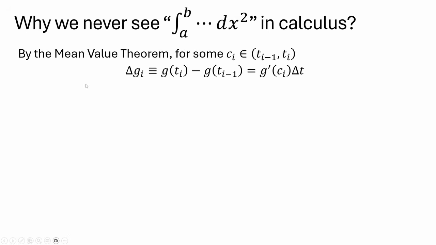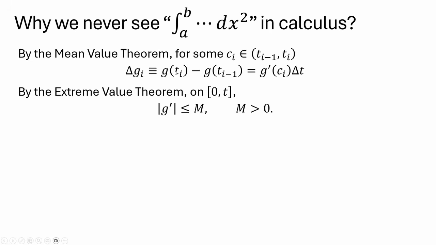To show that, let's first use the mean value theorem. The mean value theorem states that for a smooth function g, this finite difference in g is g'(ci) times Δt, where ci is a point between ti−1 and ti. And next we use the extreme value theorem to bound g'. The extreme value theorem says a continuous function on a closed and bounded interval must be bounded.